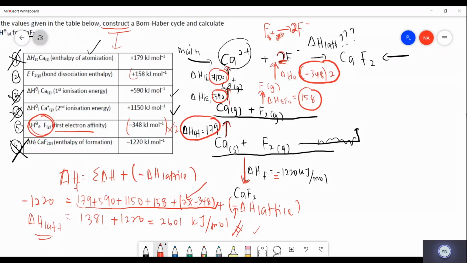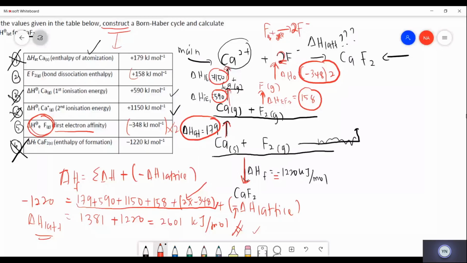Miss, what does enthalpy mean again? Enthalpy is energy. Why does calcium turn from solid to gas? Because of atomization: the enthalpy of atomization of Ca atom will form Ca gas.